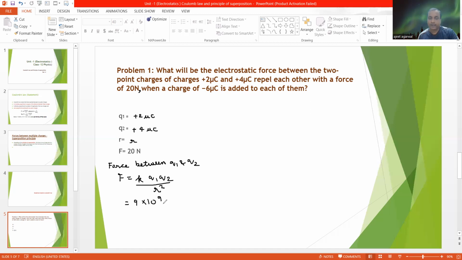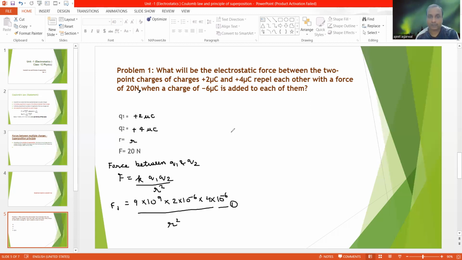That unit will be Newton meter square per coulomb square. Q1 Q2 are given, 2 microcoulomb; change them into the SI unit of coulomb, like 10 to the power -6. Similarly, 4 microcoulomb means 4 into 10 to the power -6, because 1 microcoulomb is 10 to the power -6 coulomb. R is not given, it will remain as it is. Okay, so this is equation number 1. This is the force in the case when no additional charge was given.